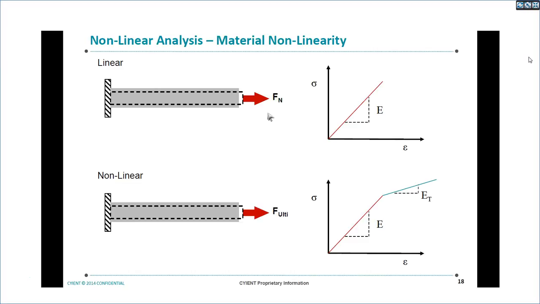If it crosses the yield strength, then our design is not a valid design, so we need to update the design. So for those conditions, we need to use linear properties.